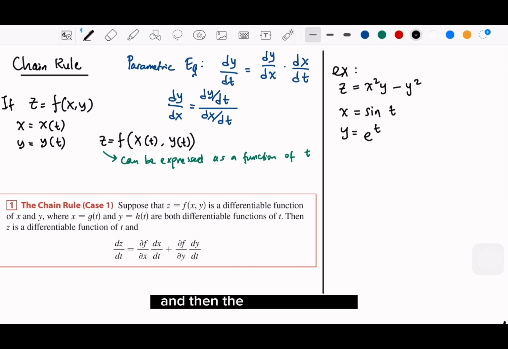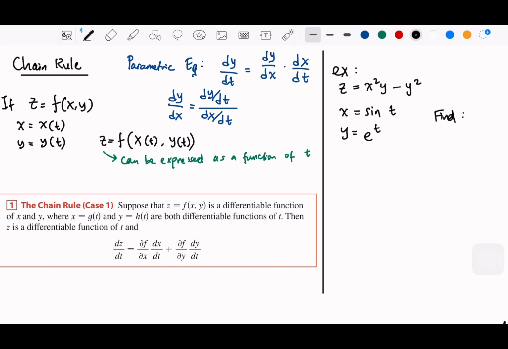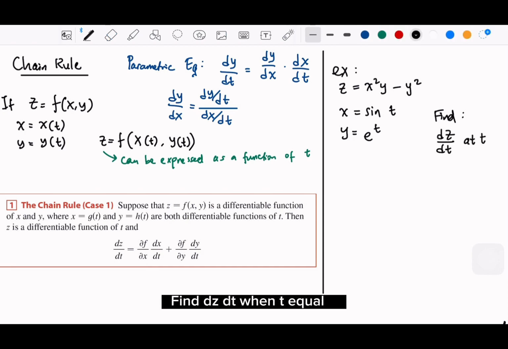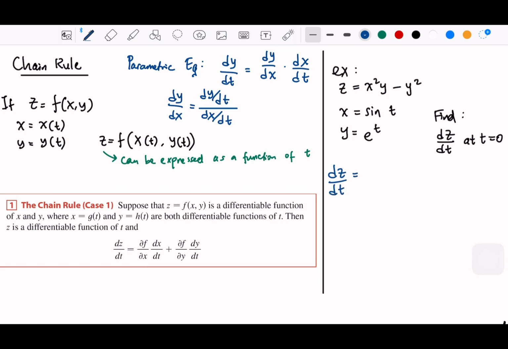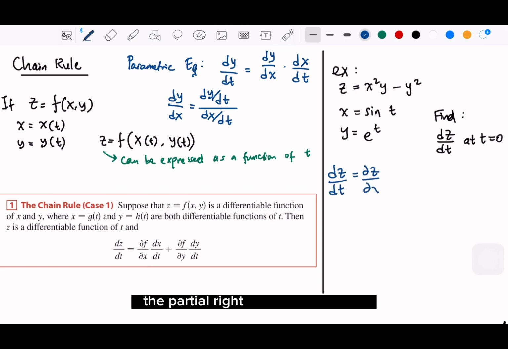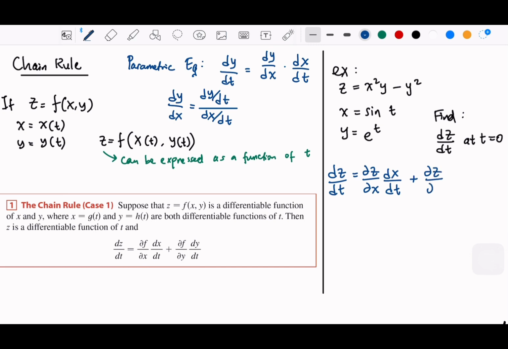And then the question is: find dz/dt at t equals 0. So we can start by taking dz/dt equal to the partial with respect to x times dx/dt, plus the partial with respect to y times dy/dt.